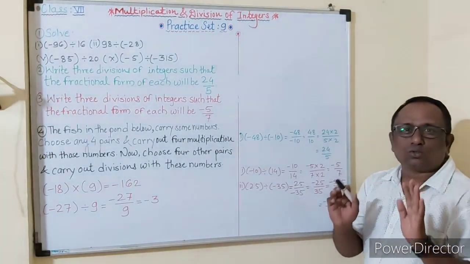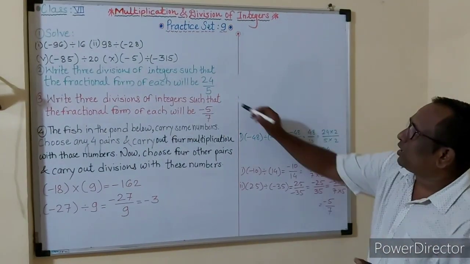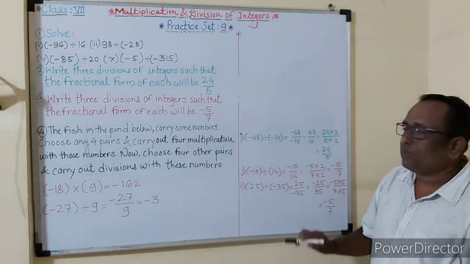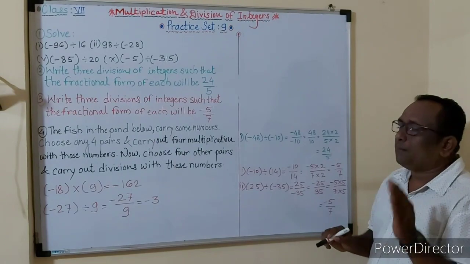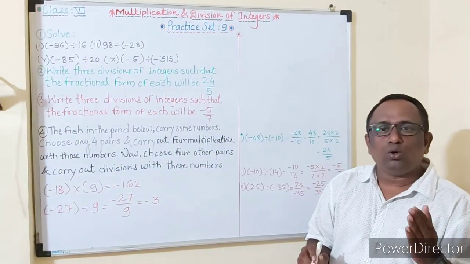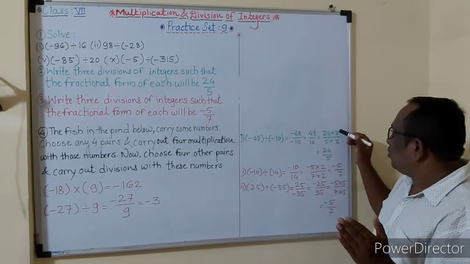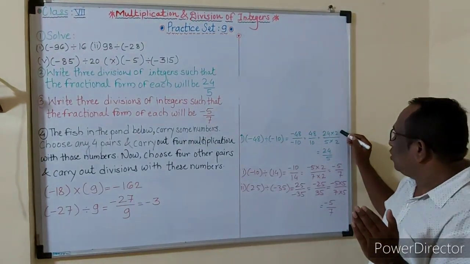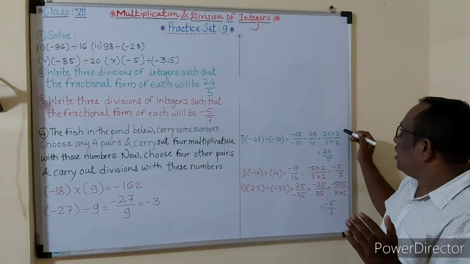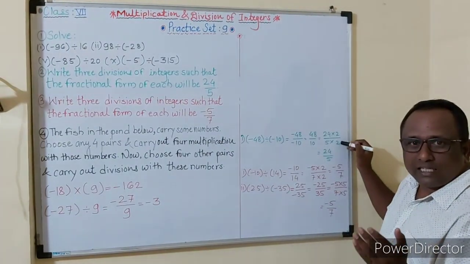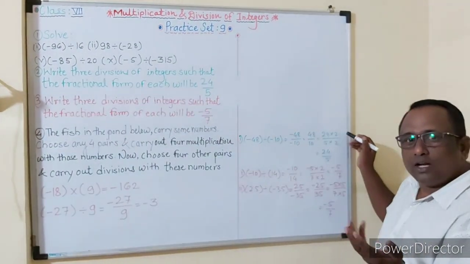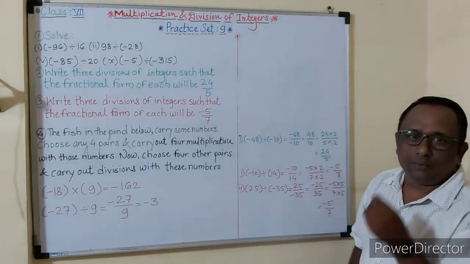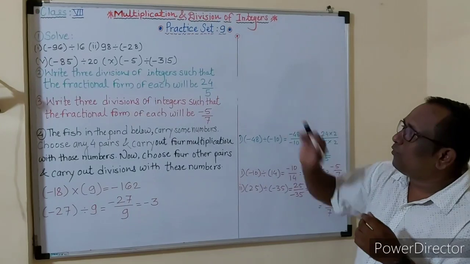So the simple thing, students: whatever fraction is given in this second question and third question also, we have to write that and multiply by 2 to numerator as well as denominator, multiplying by the same number, here 2. You can multiply by 3, 4, 5, 6, 7, 8, 9, 10. You will get the division with the same fractional form.